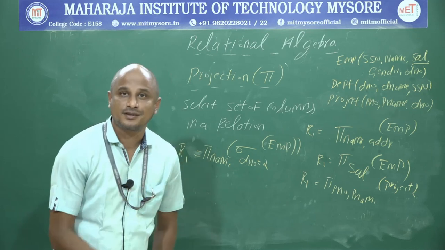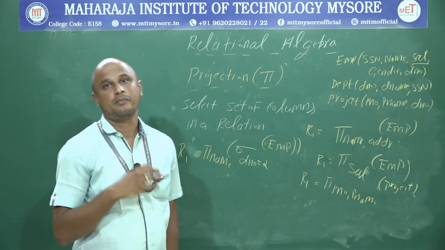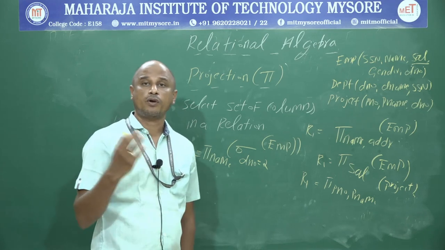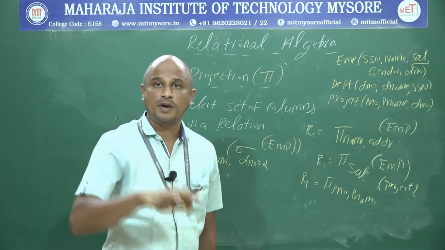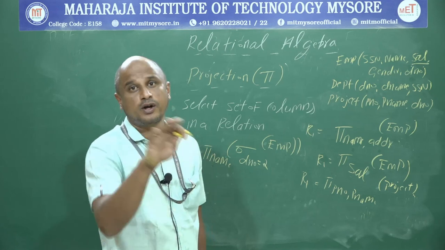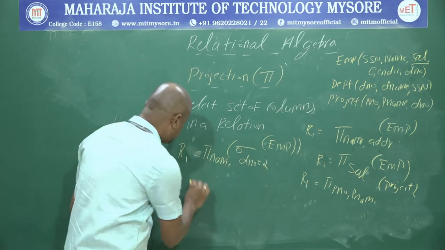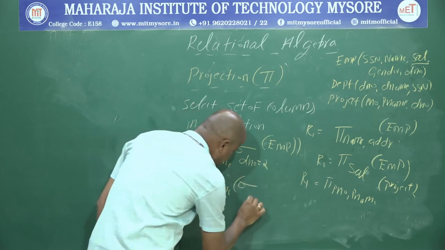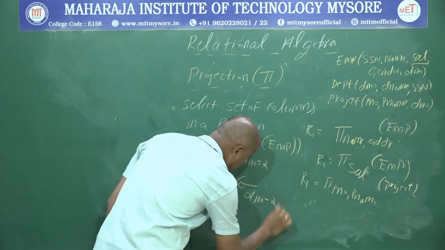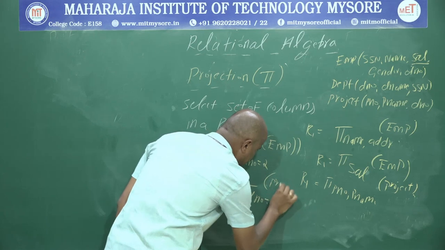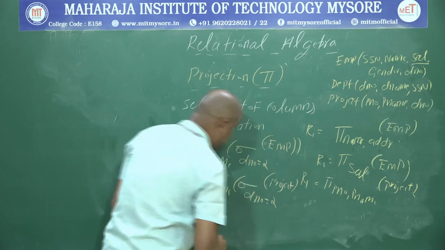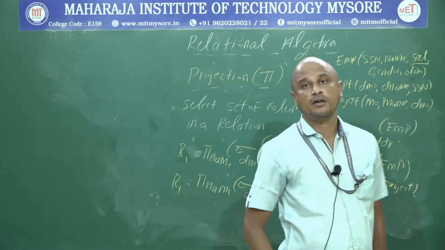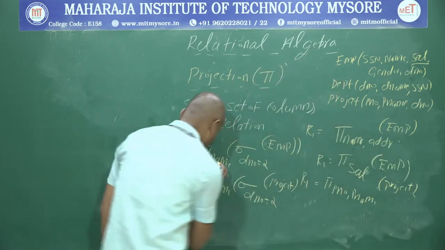So like this you can go for a combination. And now I will give you another question. Retrieve the project name controlled by department number 2. So name, condition, from which table? From the project table, that is R1. So for the name of the project, I want to give P name.